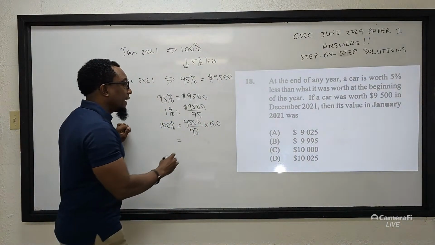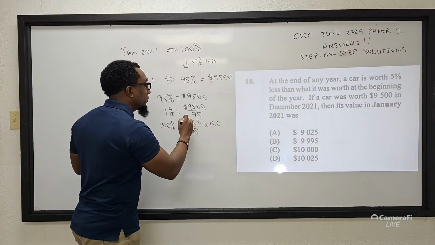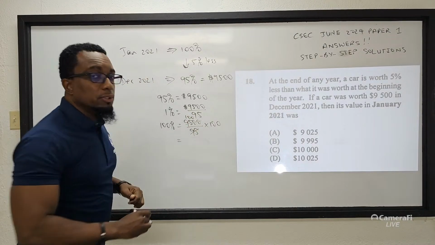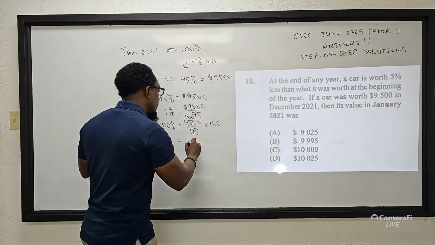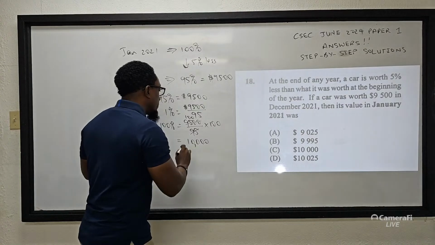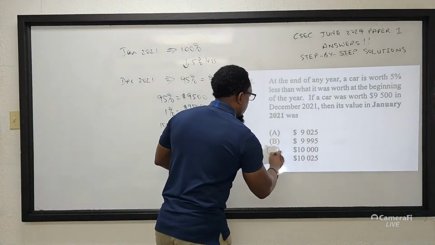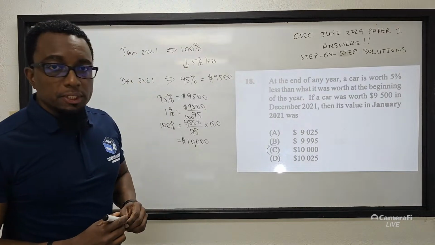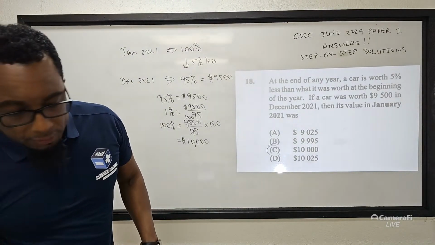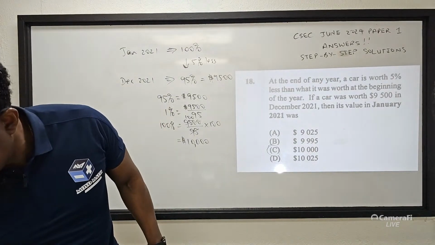And we know 95 into 9,500 is 100, and 100 by 100 will give us 1 with 4 zeros, which is $10,000, whose answer there is C. So question 18, C. Let's move on to question 19.